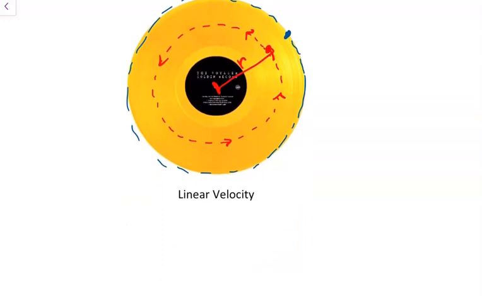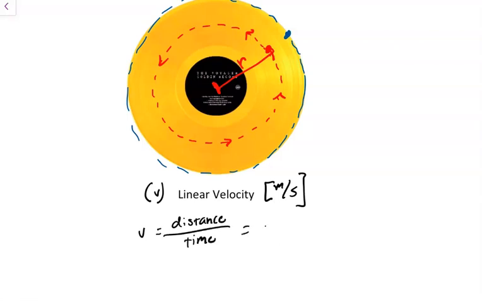So down here, our linear velocity is v. We're still looking at the units as meters per second. And we know that v is equal to distance over time, or rather the change in distance over the change in time.